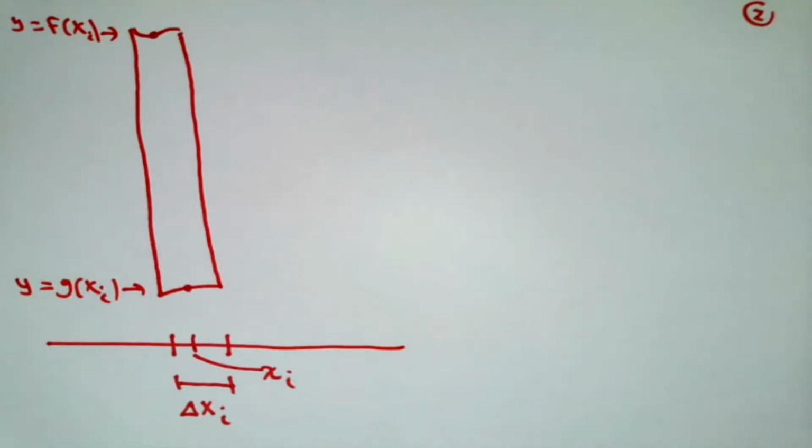The y-coordinate varies, so naturally what we're going to do is the same thing we always do. We're going to chop the range of y numbers, which starts at g of xi and ends at f of xi, up into a whole bunch of little bitty pieces, and we'll look at a piece.